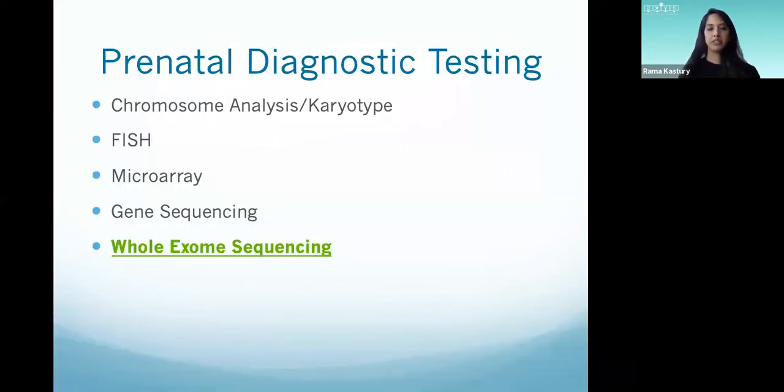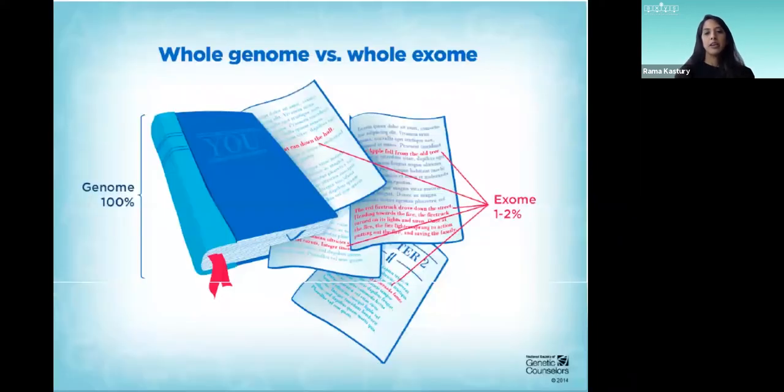So jumping down to the most detailed, most comprehensive test we can do, which is whole exome sequencing. That would be reading through your baby's entire genome. And remember, this is all from an amniocentesis sample, a sample from the baby: needle, get the sample, send it to the lab.